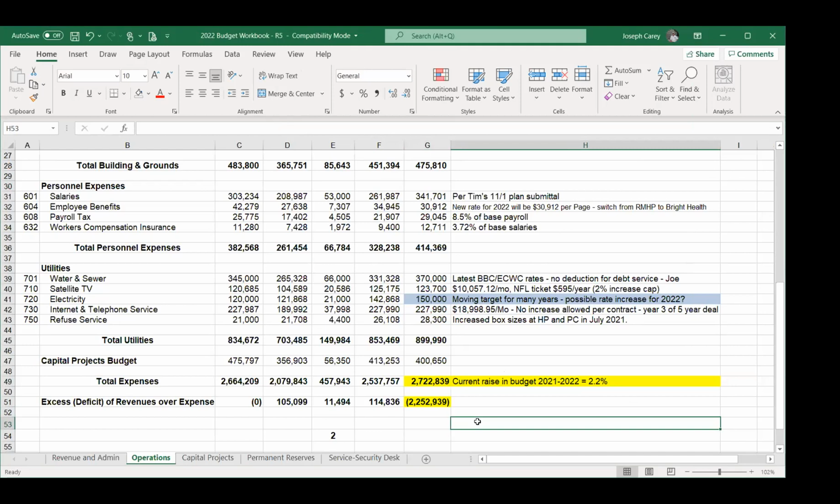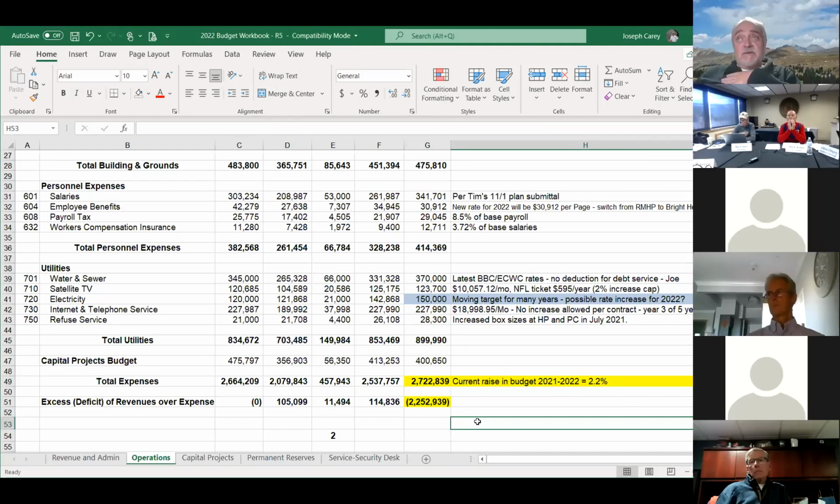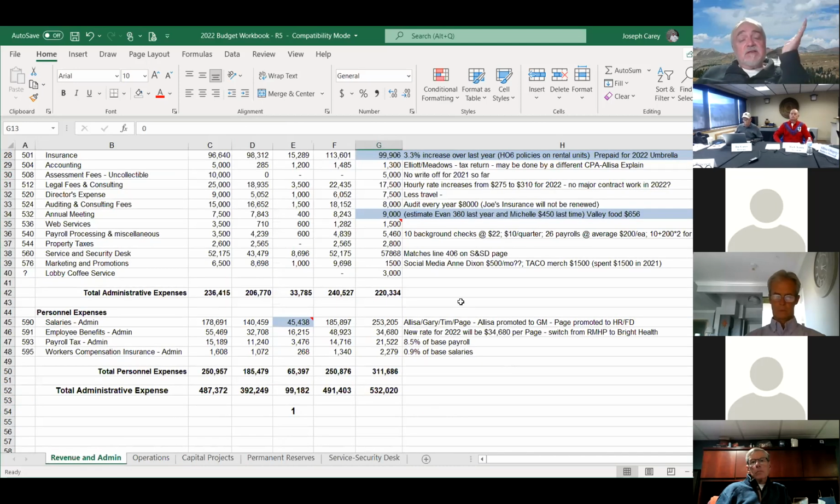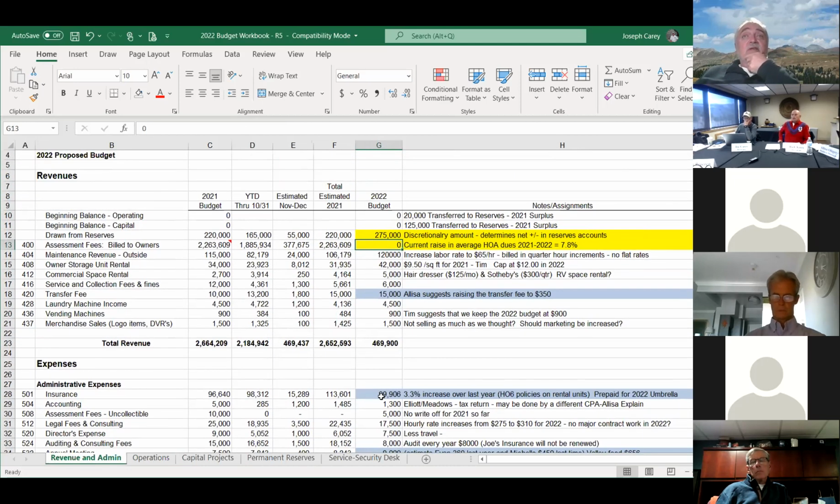So again, let me ask, would it make sense then to increase the contribution to reserves and take a little bit more of an increase in regular assessments for next year, to try to build up to defray some of the cost associated with the expected work that will happen, not necessarily in 22, but in 23 and out years? Yeah, actually, assessments would not go up based on what we just went through, and I'm actually surprised that it got to where it did.